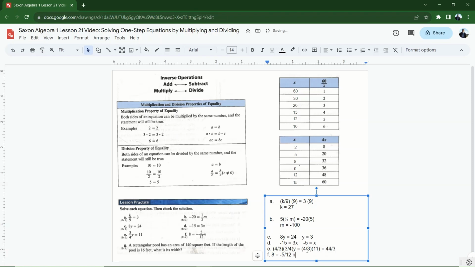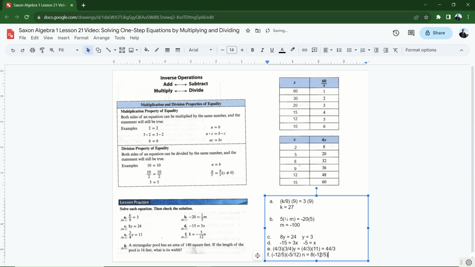Well, let's see, again, I can flip sides of my fraction and get the variable on the left. I like to do that. So negative 5/12 n equals 8. Multiply both sides by negative 12 over 5, by the inverse, okay? That's going to cancel out the fraction on this side because they're inverses of each other. And on this side, I just have to multiply by the same thing, negative 12 over 5.